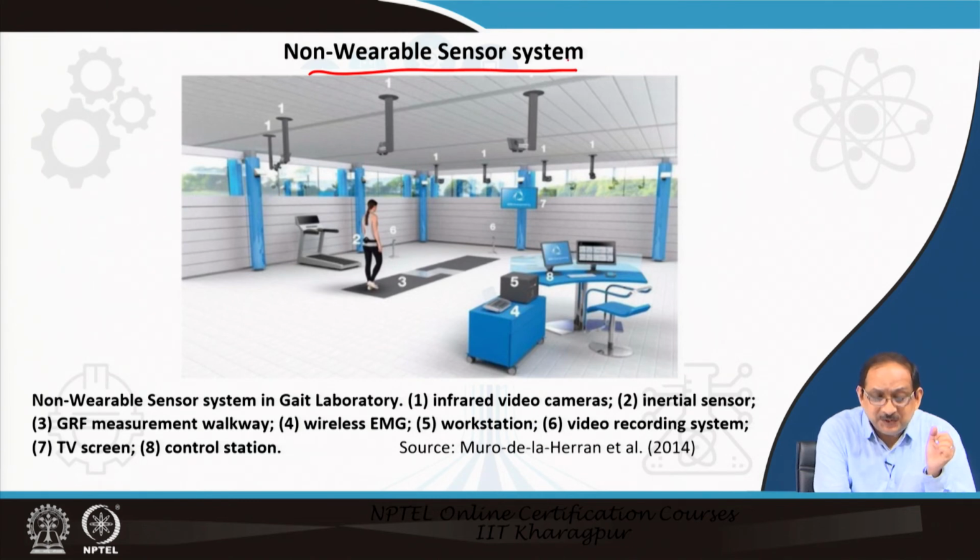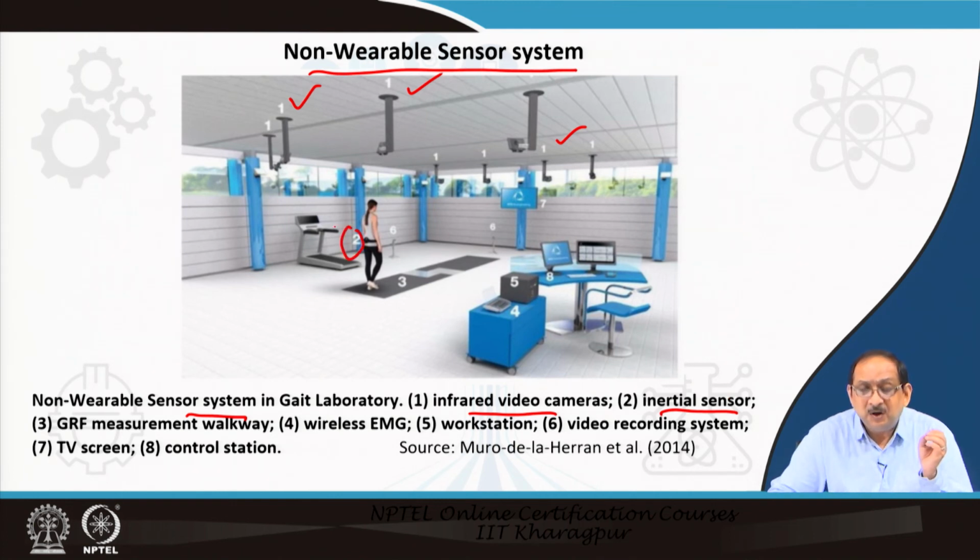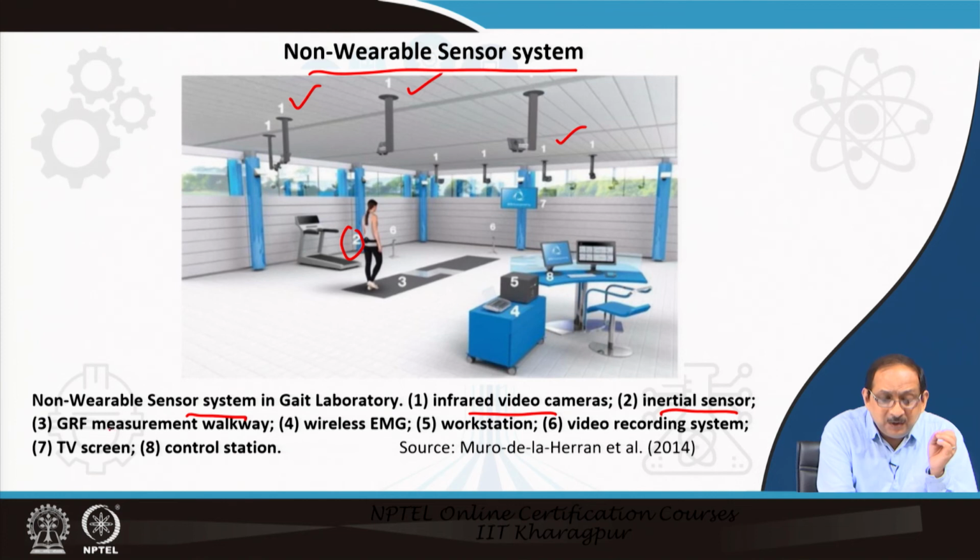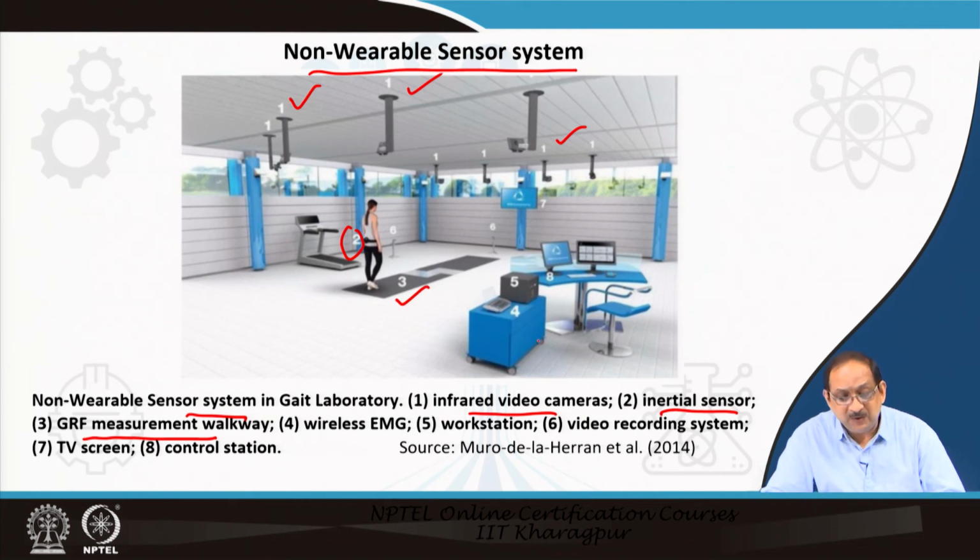The system consists of infrared video cameras mounted from the ceiling, as you can see, inertial sensors mounted on the waist of the subject, ground reaction force measurement walkway, wireless EMGs, workstation, video recording system, TV screen, and finally the control station on the right.